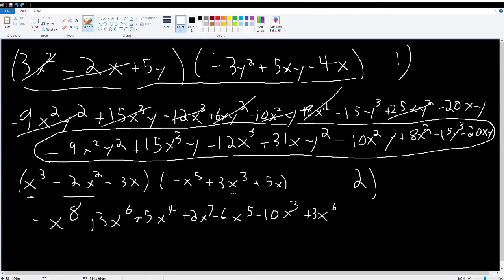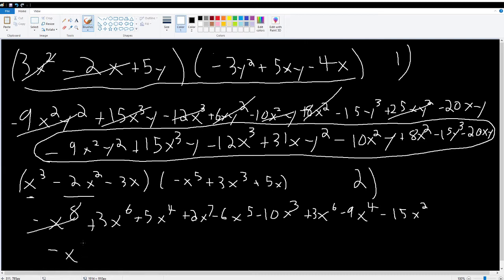Negative 3x times 3x cubed is going to be negative 9x to the 4th, okay. Negative 3x times positive 5x is going to be negative 15x squared. Okay, so now let's just combine like terms.